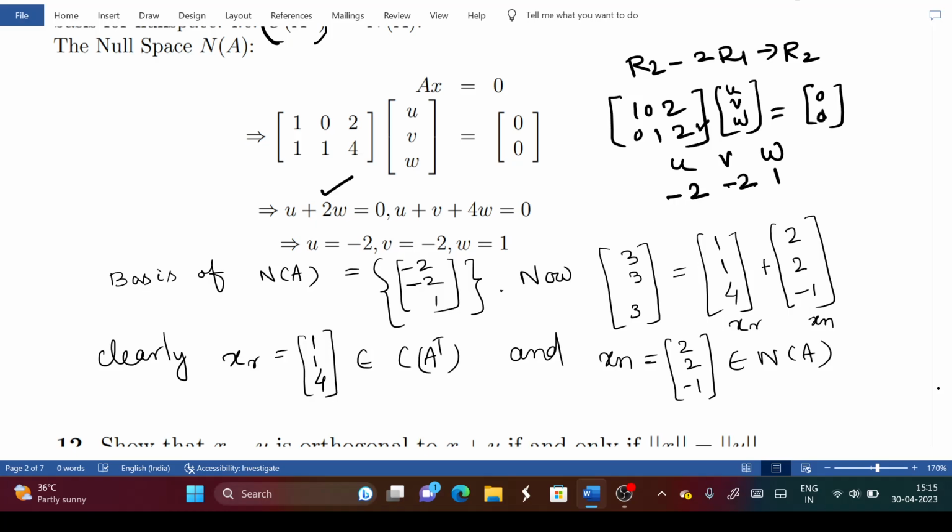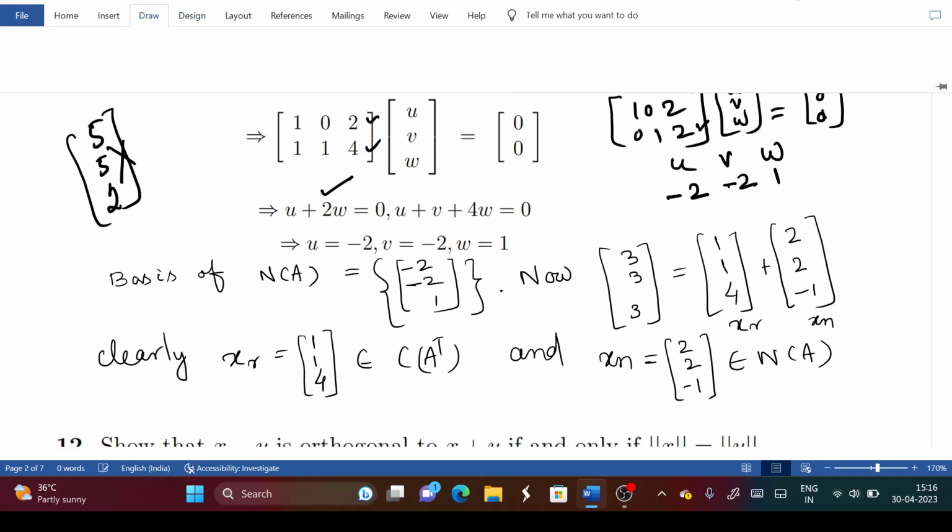No, it is not a row space vector. There exists no combination which represents 5, 5, 2 from these two vectors. From a linear combination of these two vectors, I cannot get this vector. Hence it is incorrect.